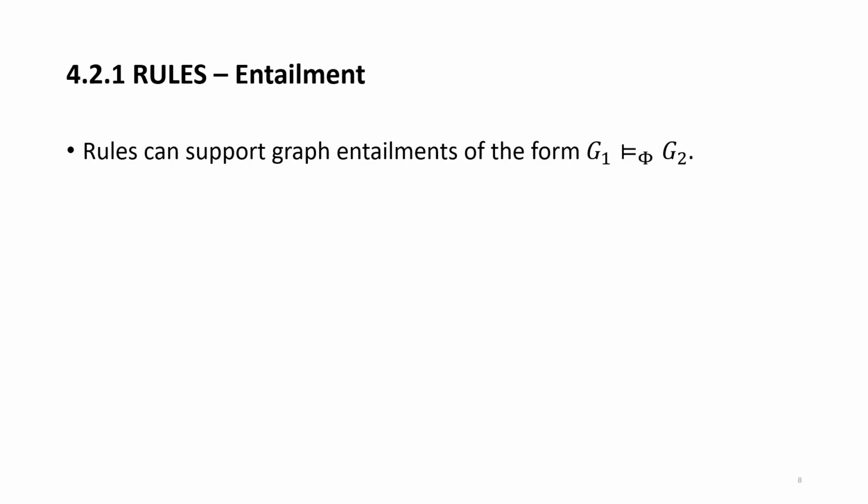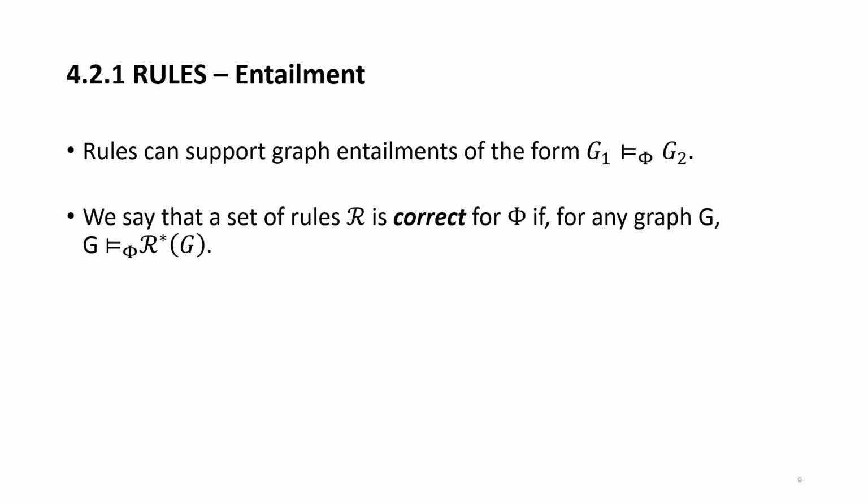After defining the least model, we can finally define how to calculate the entailment using rules. Rules can support graph entailments of the form G1 entails G2 under phi, phi being a set of semantic conditions. We can then say that a set of rules R is correct for phi if for any graph G, G entails R star over G under phi.